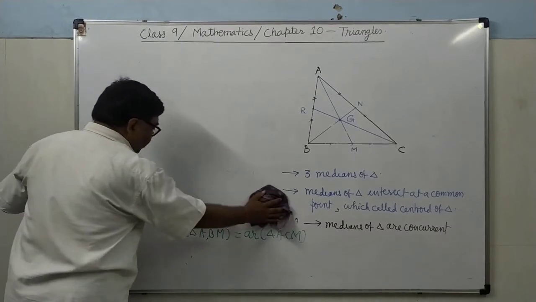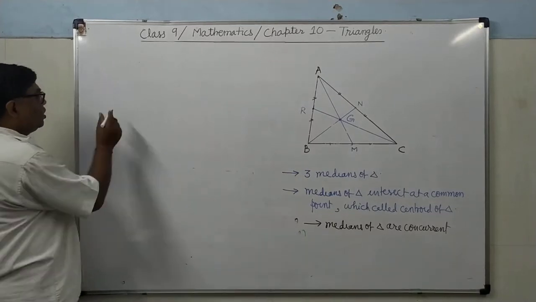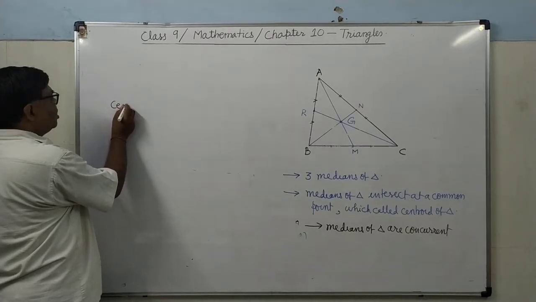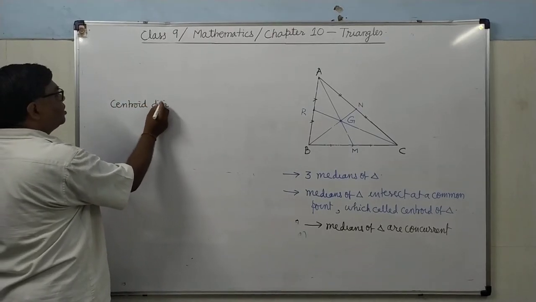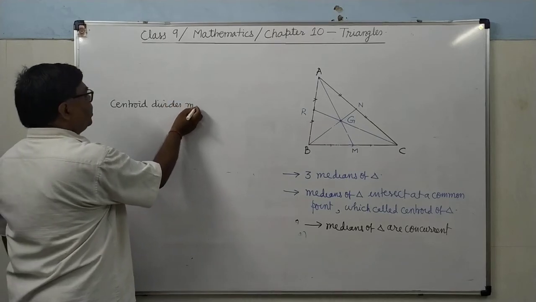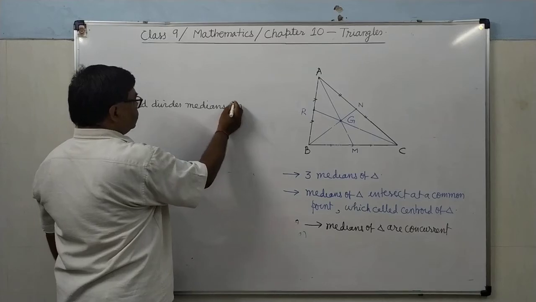The centroid divides the medians into the ratio 2:1.